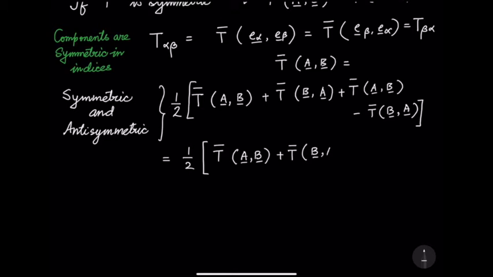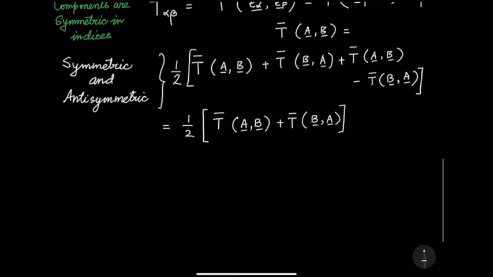You see, if I just stop here for a while, this part I can call the symmetric part, because if I change the order A and B, nothing will happen to this part, because one time this will come first, one time that will come first. So this is the symmetric part of the tensor T.